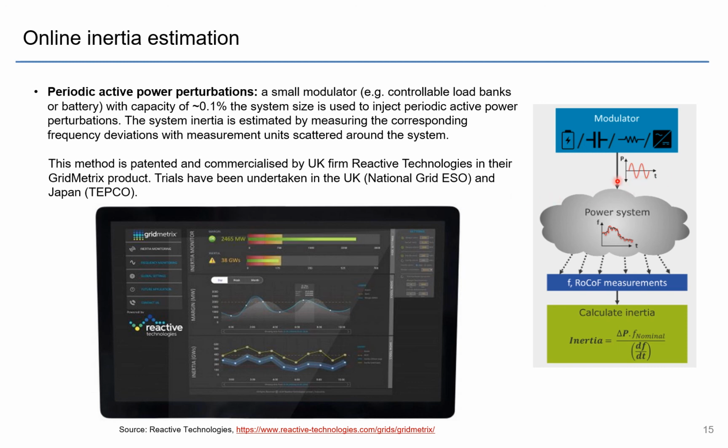So if you're modulating and injecting a sine wave into the system, then you can try and extract that sine wave back through signal processing and measure slight deviations in frequency, and then you can calculate the inertia with the swing equation approach. So this is a method that was patented and commercialized by Reactive Technologies in the GridMetrix product, and then they have undertaken some trials in the UK and Japan.